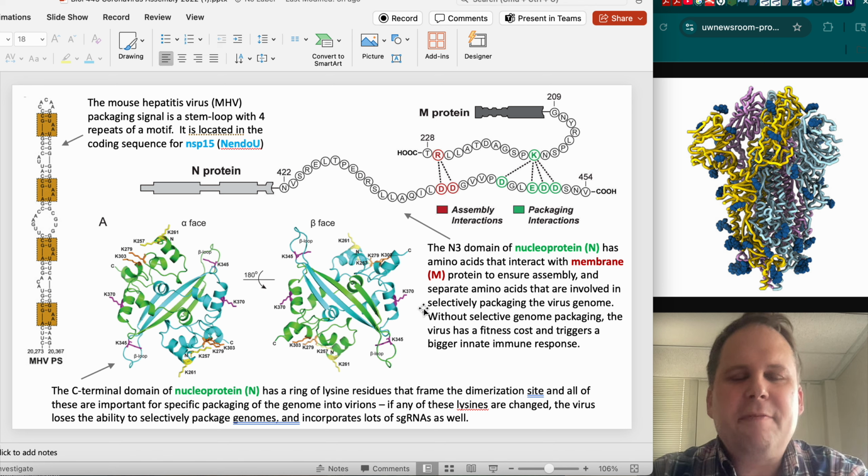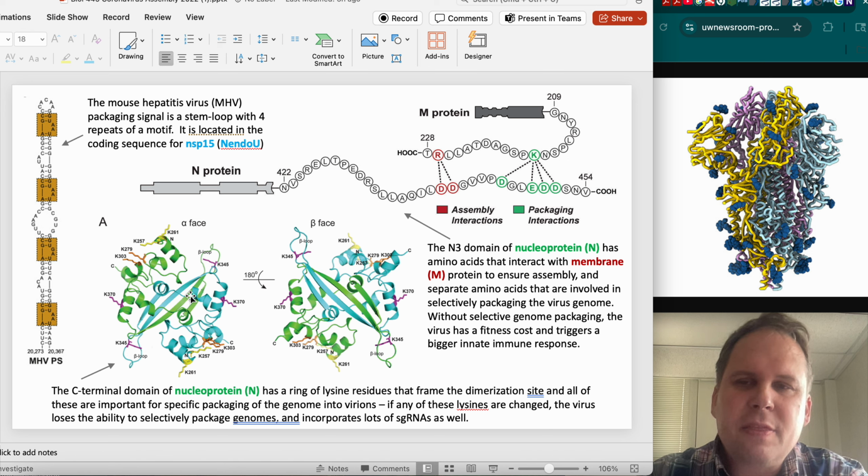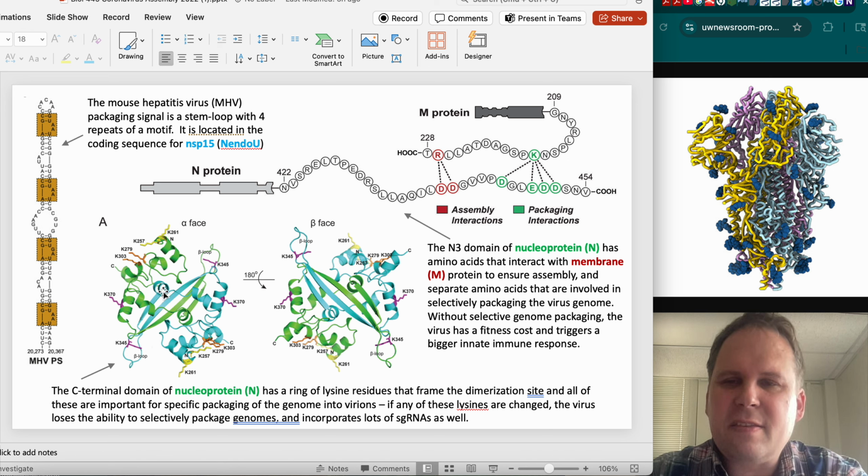And if you go in and mutate individual residues of the N, if you change any of these lysines that make sort of a ring, so the blue is one copy of N, the green is the other copy. This is the actual dimerization. This is the point of dimerization in the dimerization domain. This is all just the C-terminal domain that you can see here.